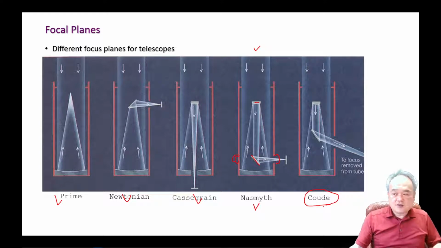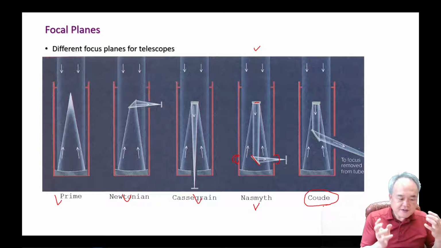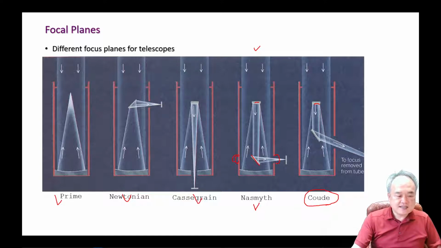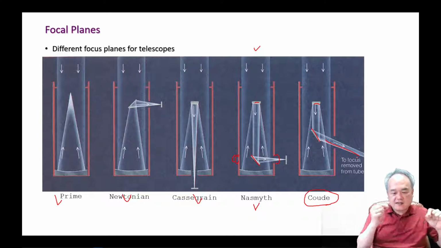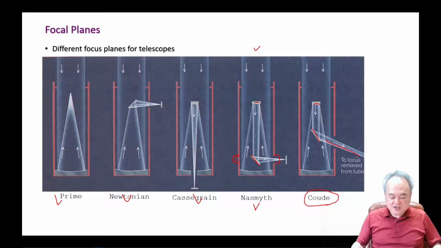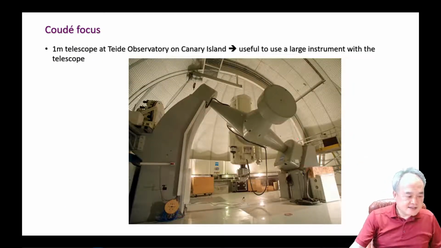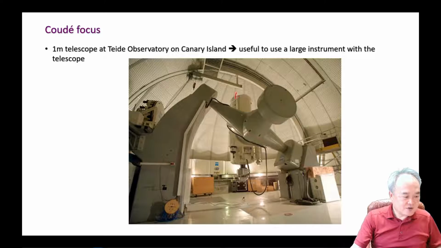Another type that was used quite frequently in the past was the Coude design. It uses multiple mirrors, a secondary mirror and then a tilted tertiary mirror, and then it brings the focus out of the telescope tube in a long chain by using a fourth mirror and then a fifth mirror and so on. Basically, that's the telescope tube, and the primary mirror is here, and the secondary mirror and tertiary mirror are there.